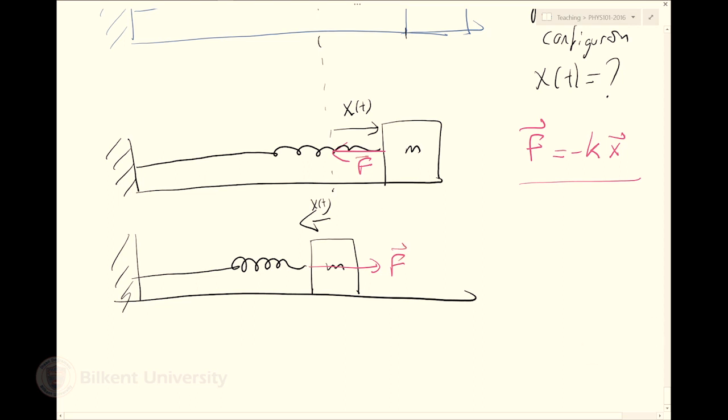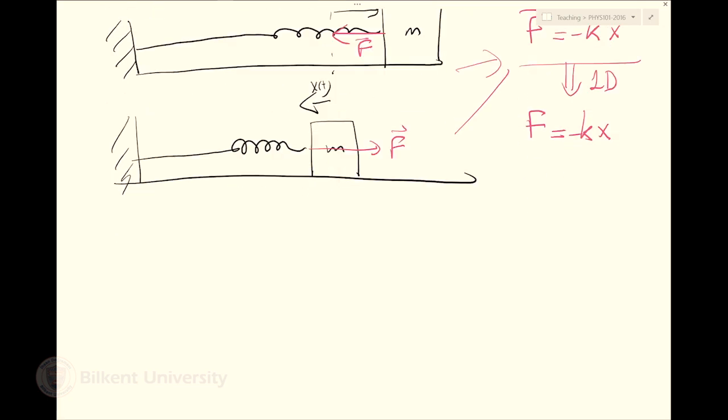It's positive. So my relation is correct. F is minus kx. Because I am in one dimension, I can write this as a scalar.